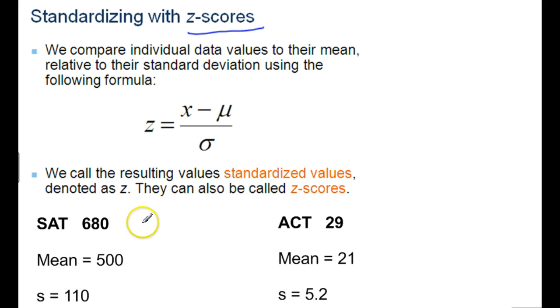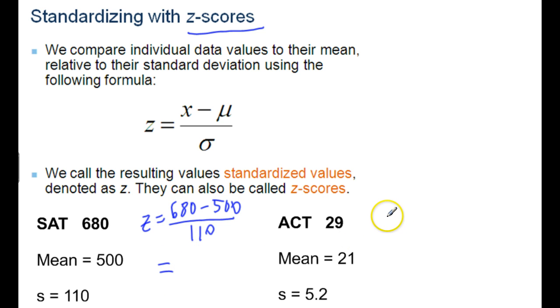And so here, if I want a Z-score for this piece of data, I say Z equals 680 was the score she got, minus 500 was the mean score, over 110, and then you just solve that and get it.